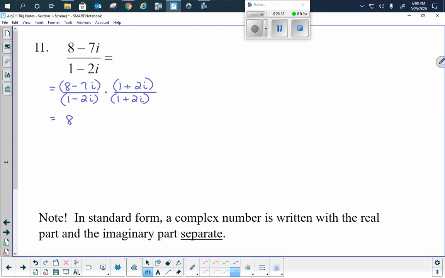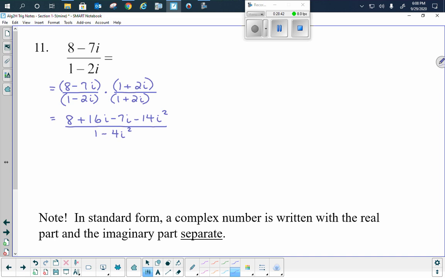I'm going to get 8 plus 16i minus 7i minus 14i squared over 1 plus 2i and minus 2i will drop out, so minus 4i squared. That's the whole point of multiplying by the conjugate. Outer and inner will always drop out.